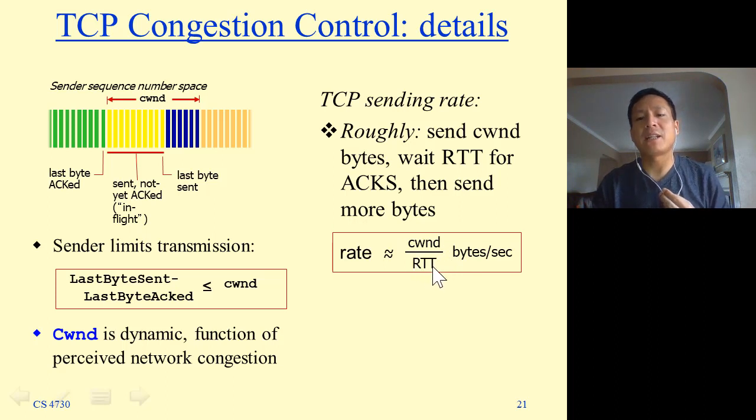You divide it by this RTT, and that's basically the sending rate. So it's proportional to the congestion window size. The larger the window size, the higher the sending rate, and also higher channel utilization. Make sense?